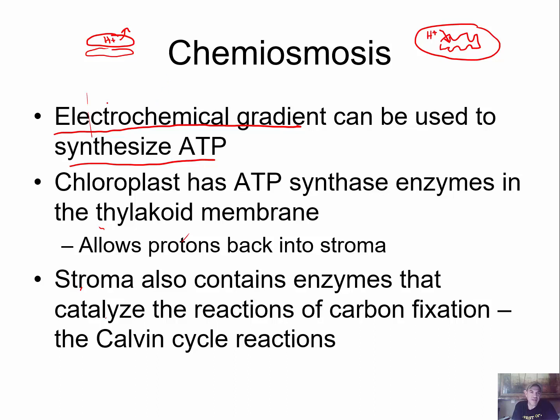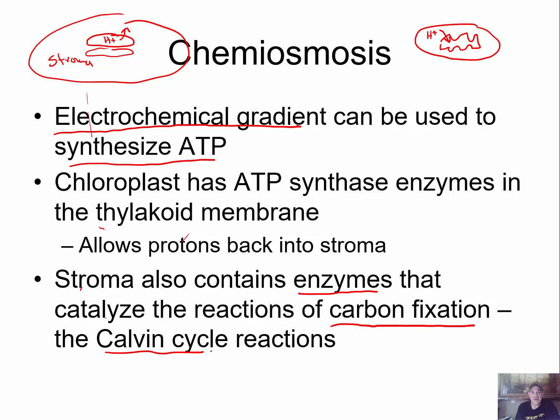Outside of these thylakoids in our chloroplast is where you have the stroma. And here, the stroma is going to have those enzymes that drive the light-independent reactions, where we go through carbon fixation, which is called the Calvin cycle.